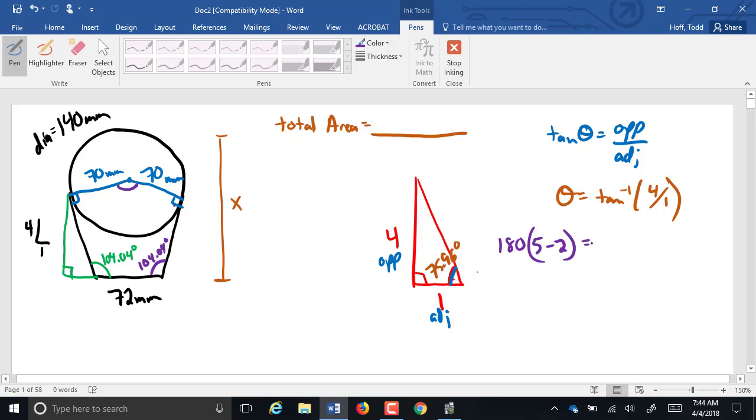Remember it's n minus 2 times 180 is your angle sum. So 5 minus 2 is 3 times 180 is 540 degrees. So that figure has to have 540 total degrees in it. So 540 minus 90 and 90 is 180, minus 104.04 and 104.04.